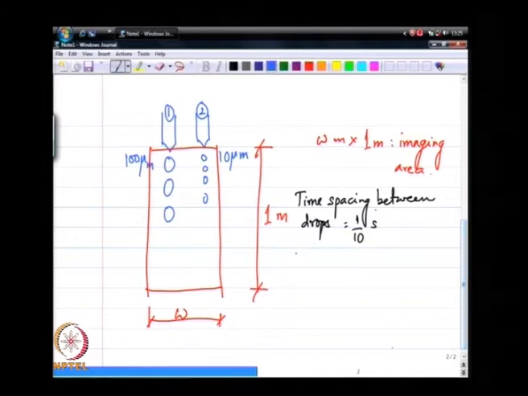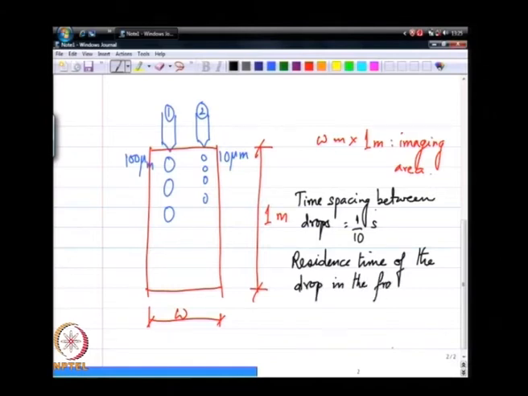Okay. So, the second thing is to do with the residence time. It's 1 second.